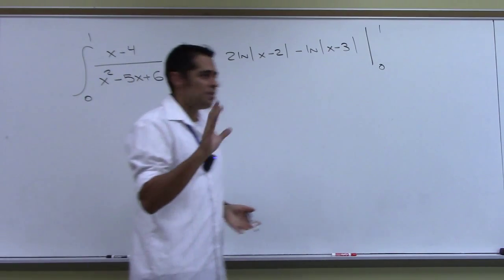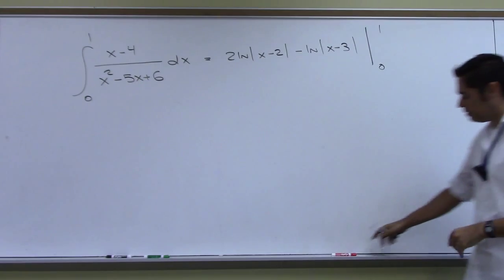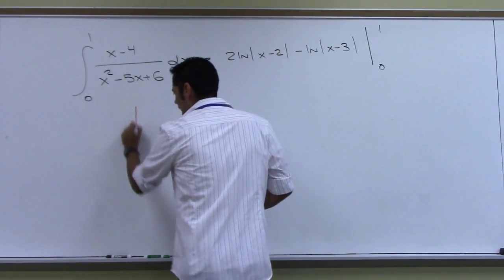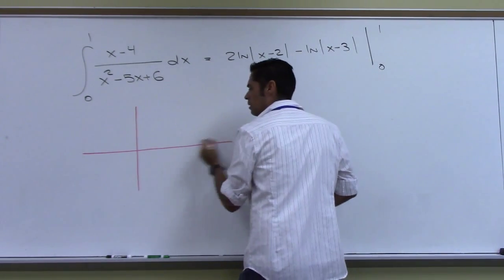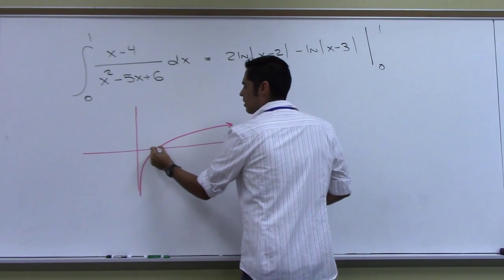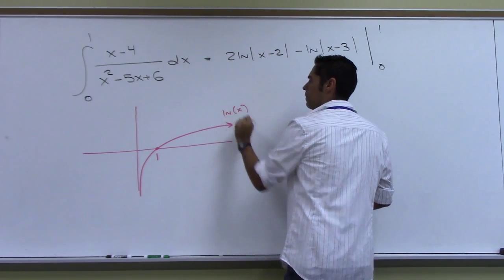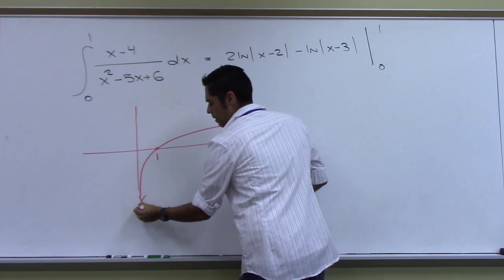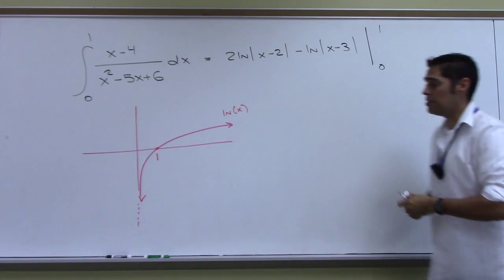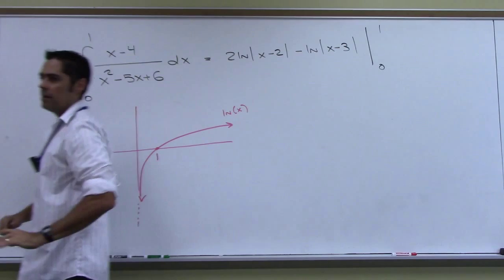So let's go back and take a quick look at the natural log function, because we're going to need it now, and we're going to need it later. If I were to graph natural log, it looks like this. In fact, it hits right here at 1, at 0. This is the natural log of x. It has a vertical asymptote at 0, right? The graph does not exist over here.